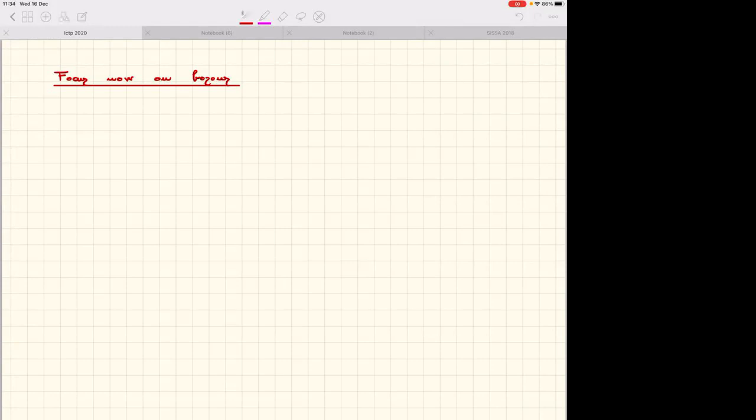Okay. So, bosons. The difference between fermions and bosons is that for bosons the distribution function, as we all know, is the Bose-Einstein distribution, which is 1 over e to the beta (epsilon p minus mu) minus 1.